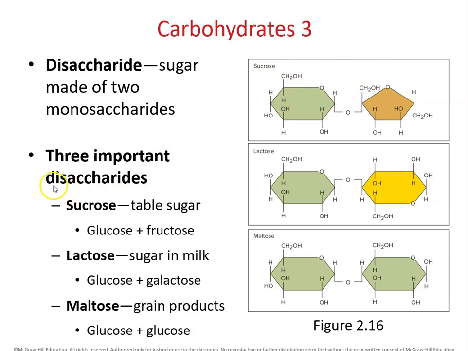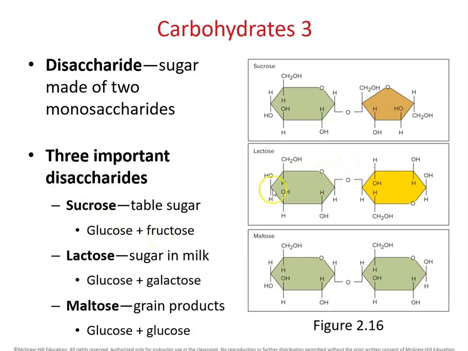Let's break down the word disaccharide. Remember we talked about mono, one saccharide, sugar a minute ago. This is a disaccharide. So di is two sugars, disaccharide. So sucrose, table sugar, glucose, and fructose.